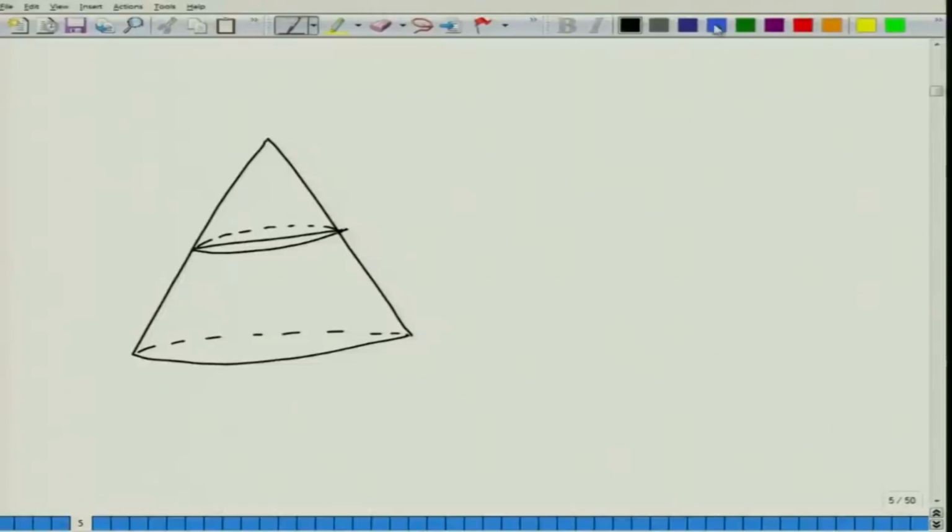Now, the top portion is again a cone, but this portion is the frustum of a cone. So, in this case we are removing the top portion.